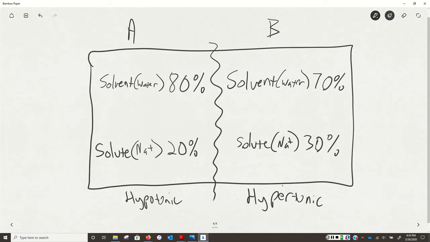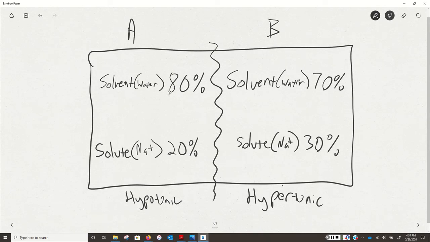And if I put solution A on that side and solution B on the other side, and look to see what's going to happen if we let this sit. Well, remember, everything likes to go from high concentration to low concentration. So this sodium wants to move over from B to A. But it can't do that because this membrane is not permeable to sodium.